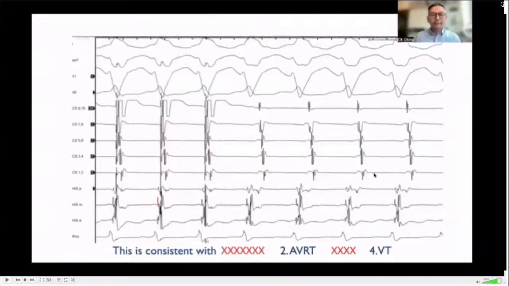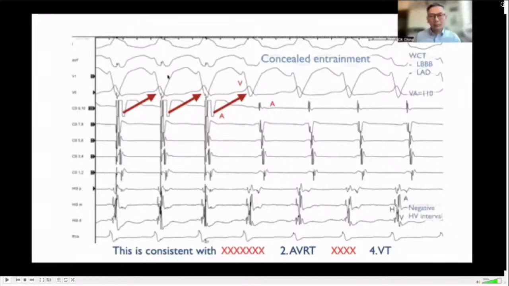Let us move to what we could do to tease out one diagnosis from the other. This is atrial overdrive pacing during tachycardia. You will see that the last 3 paced beats were conducted and brought forward the QRS. On cessation of pacing, there is an A, V, A response, and there is concealed entrainment from the atrium.